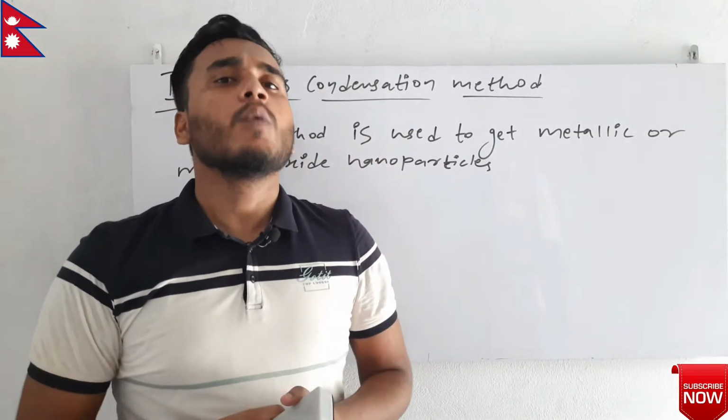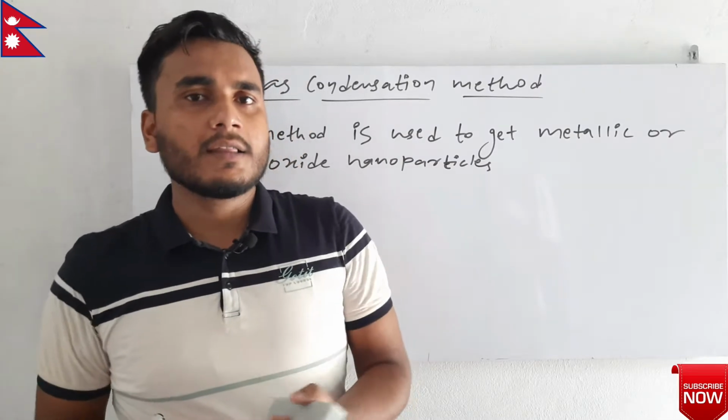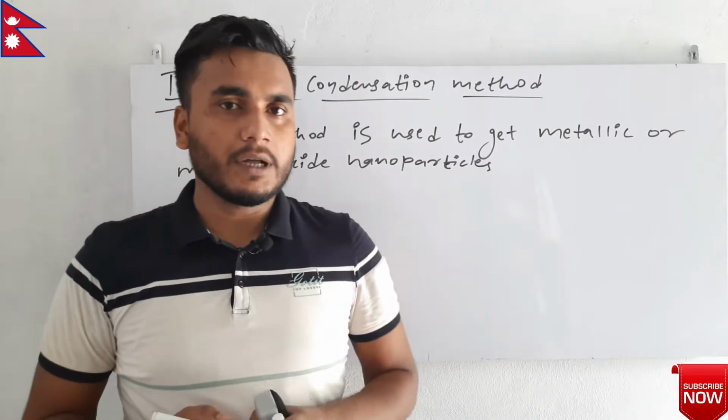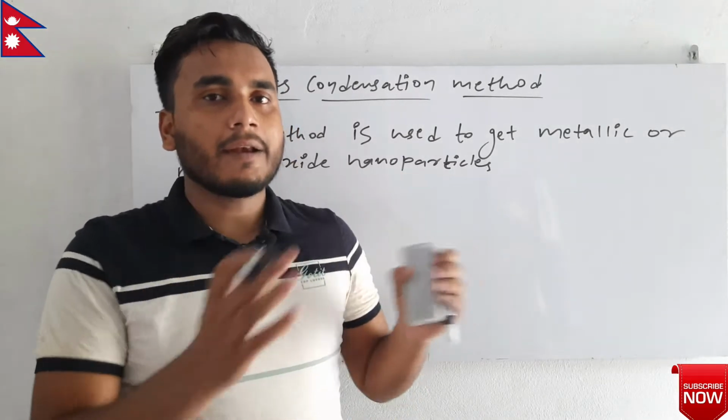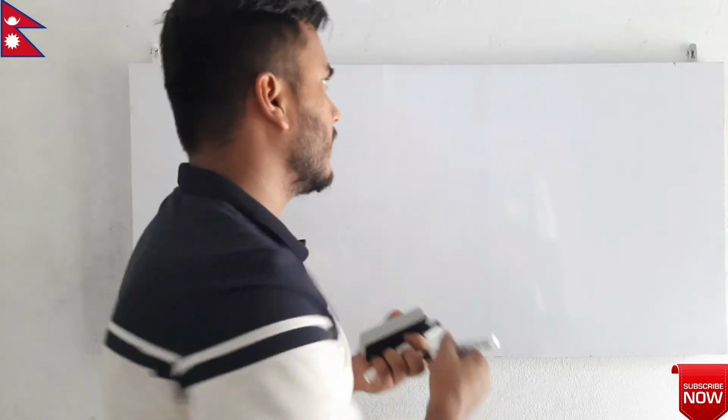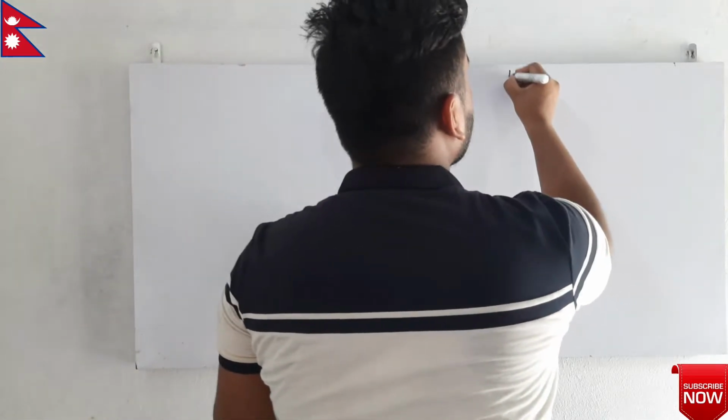Okay, because we can get desired size nanoparticles by using this method. Now let's understand this method by making the diagram of it. The diagram of inert gas condensation method is like this.